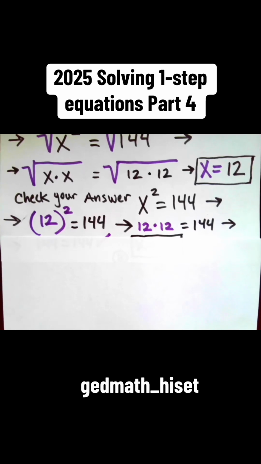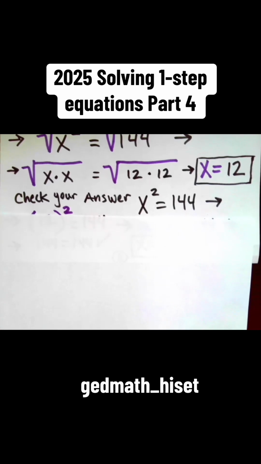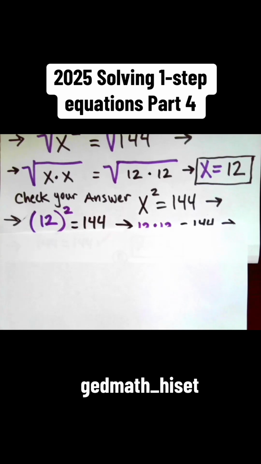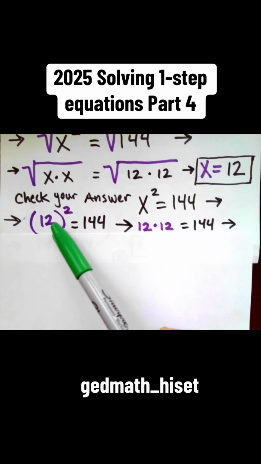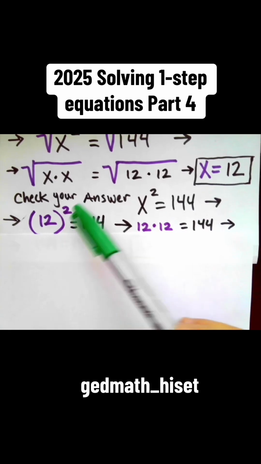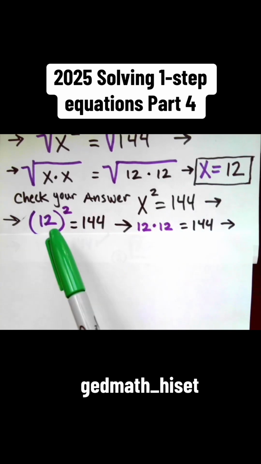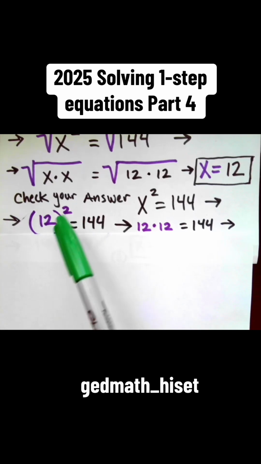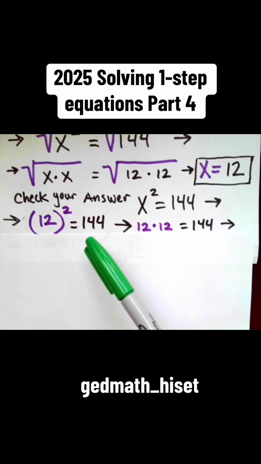So here you can see I want to substitute my answer 12 into the original problem where x was to the second power. Well, if x equals 12, I can substitute 12 right here in the original problem.